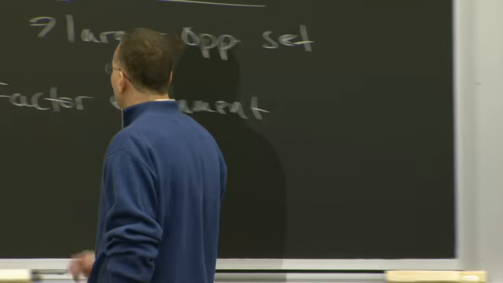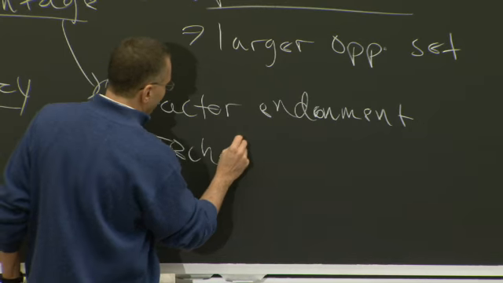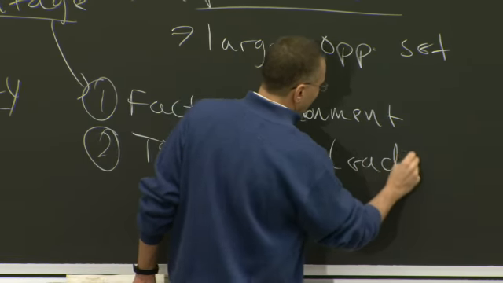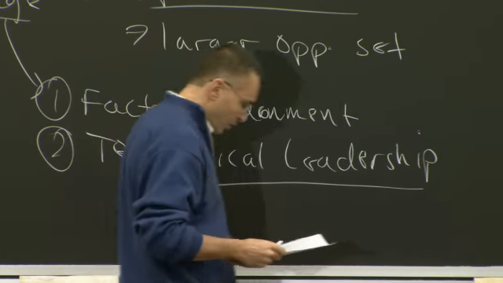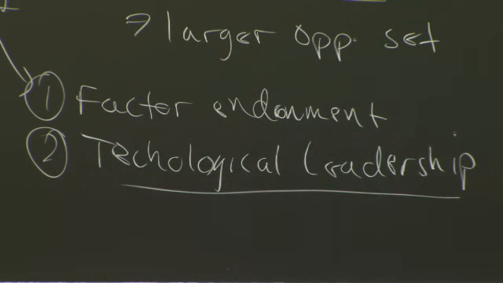The second reason is technological leadership. So for example, Japan has no natural comparative advantage in producing cars.